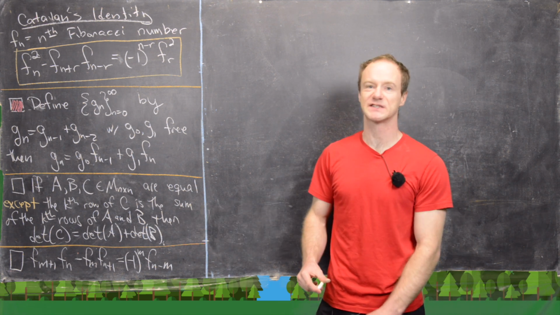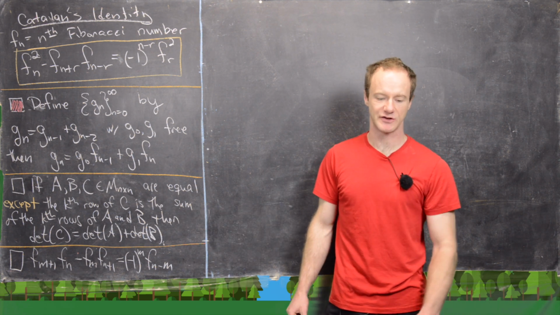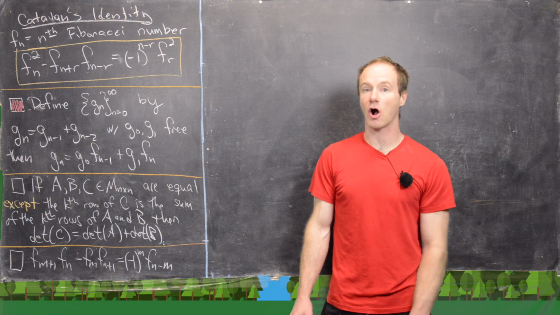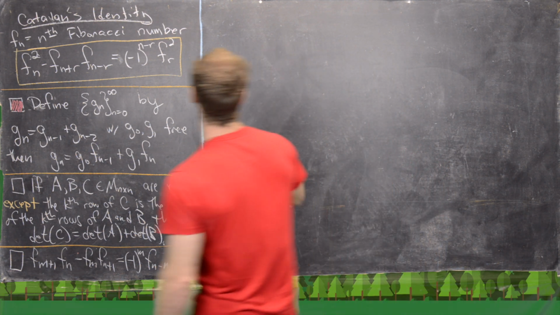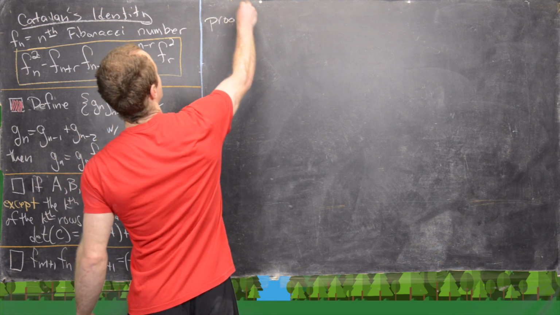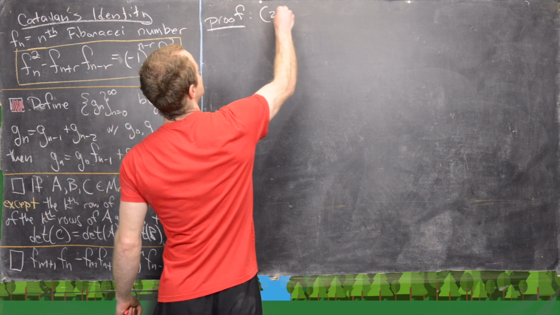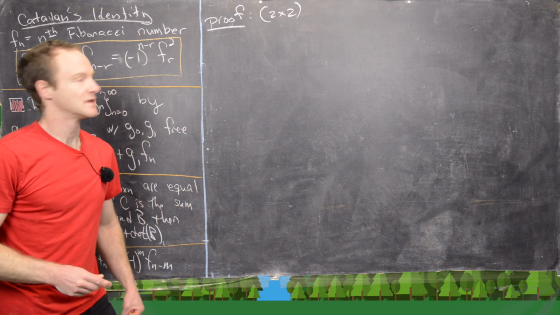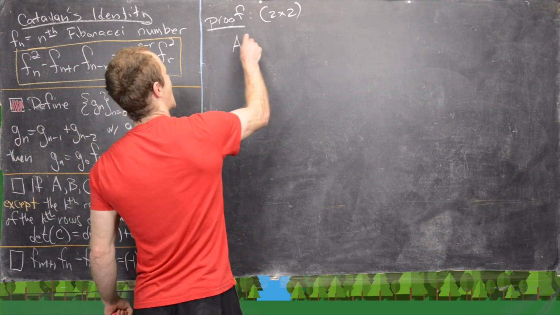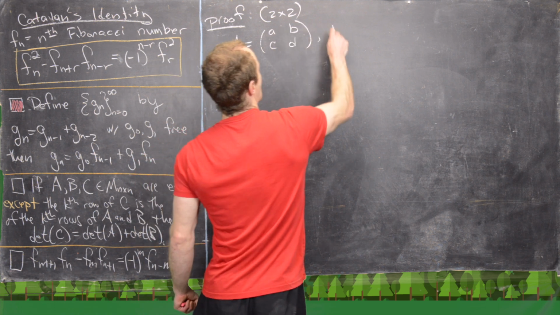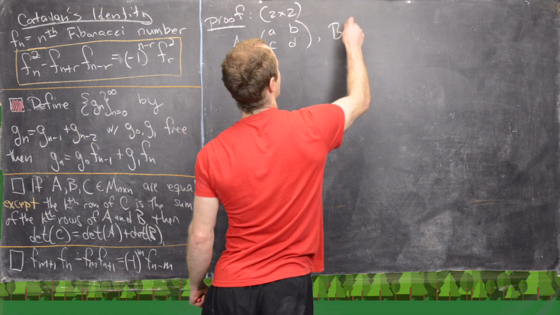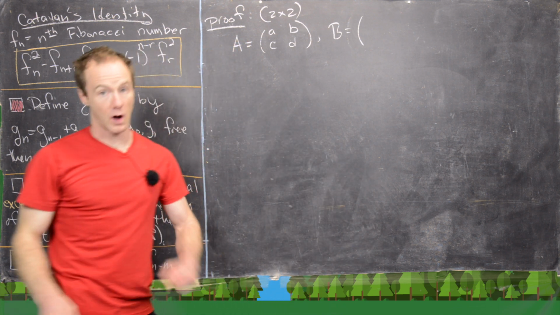So we're going to prove a special case of this first involving 2x2 matrices, which is actually all we need for this case, but then we'll prove the general case as well. Okay, so proof, like I said, the 2x2 case first. And so let's go ahead and let A equal A, B, C, D, and then B needs to be equivalent to A except for one row.